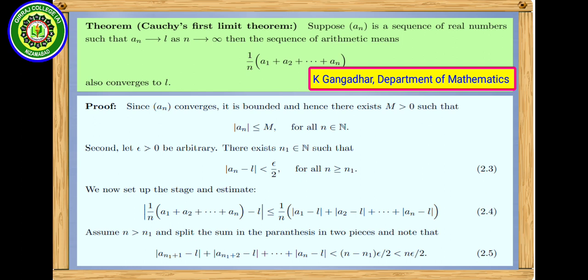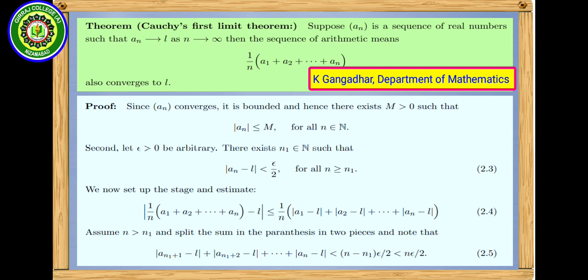So now we set up the estimate. We want (a1 plus a2 plus so on plus an) by n equal to L. We show that limit value.